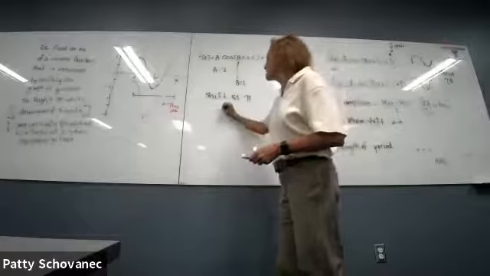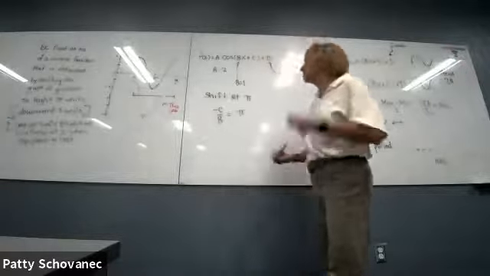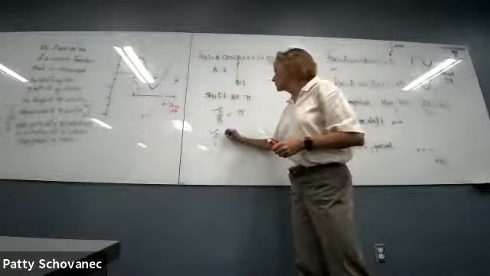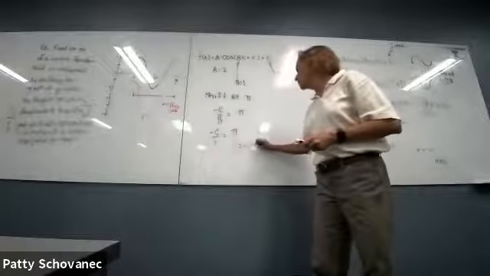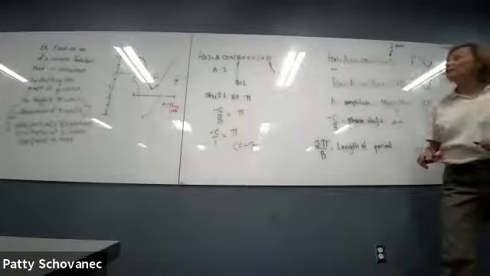So I have minus C over B has to be pi, but B is 1. So C is minus pi.